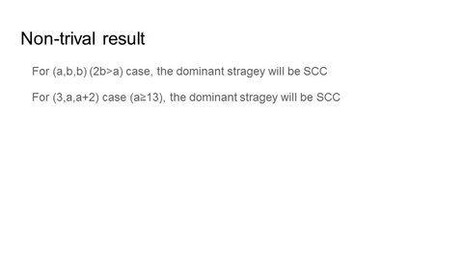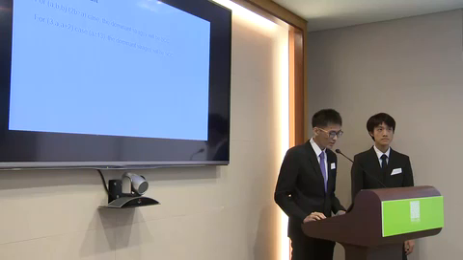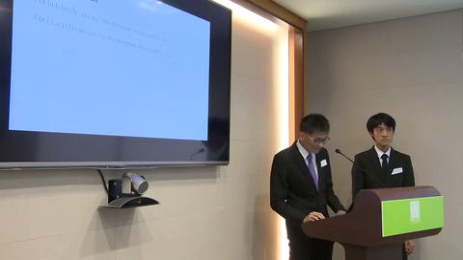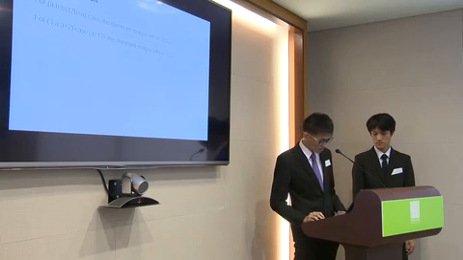In this case, the equilibrium will be held where the two parties with the same number of votes have an election between them first, and the other one splits. For the other case, which is 3A and A+2, the cases will be similar. That demonstrates how we would do this.